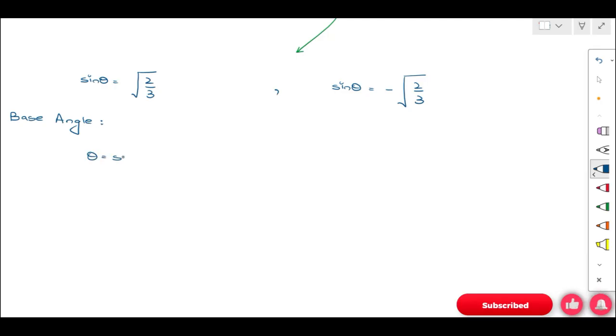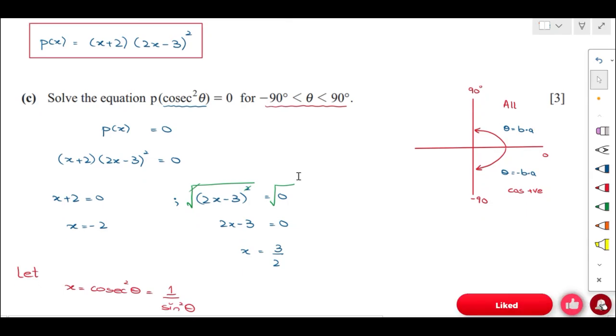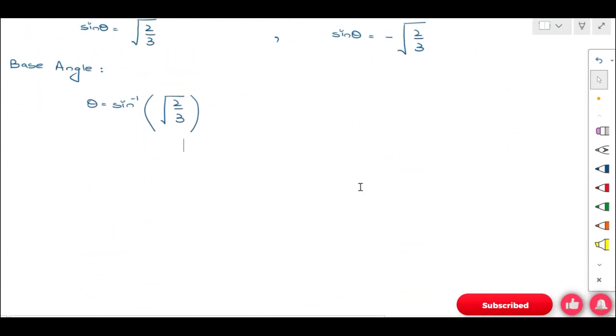Theta is sine inverse of root 2 by 3. Here sine theta is positive, so according to the given range of values of theta, sine is positive in the first quadrant. And what is the theta value in the first quadrant? Your base angle.